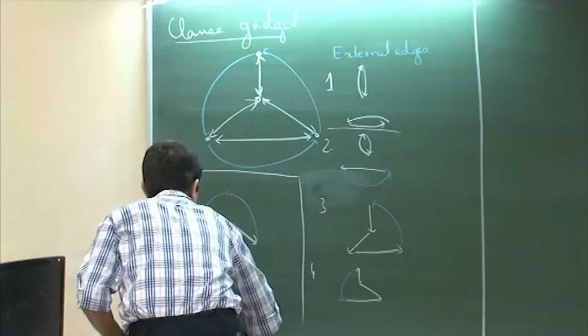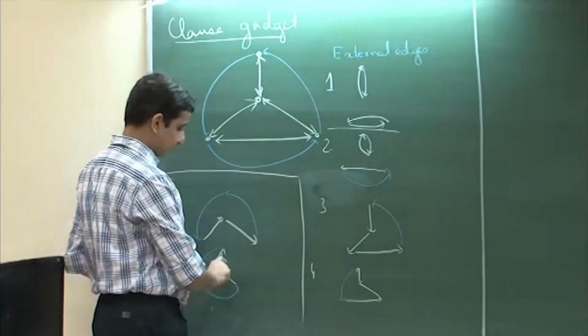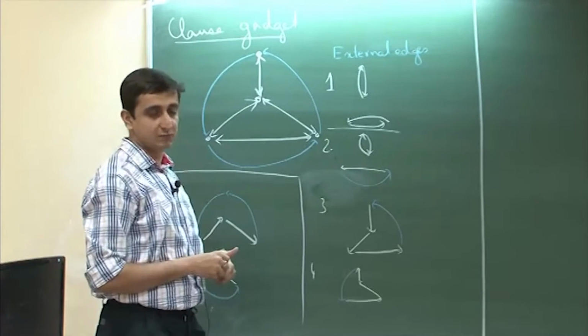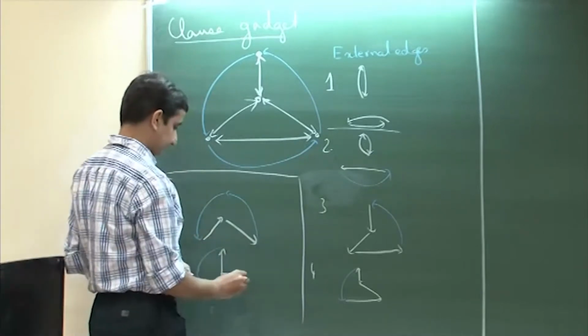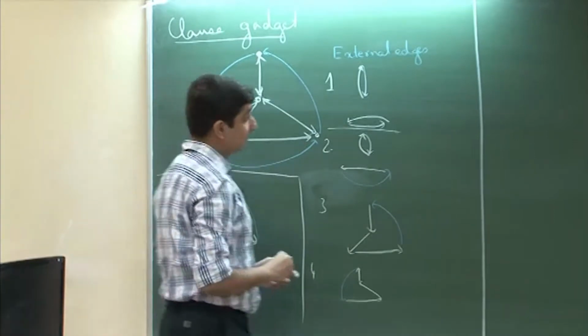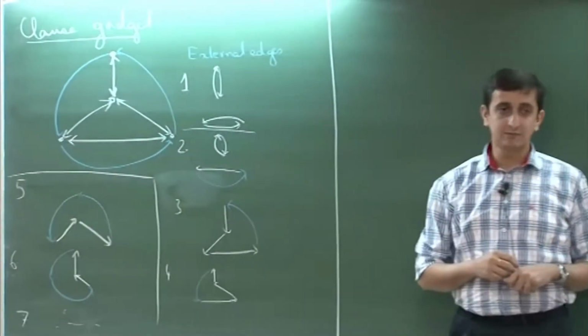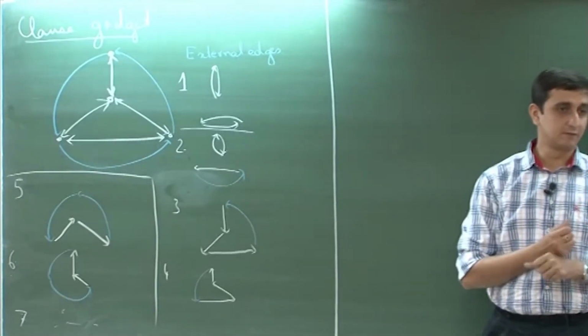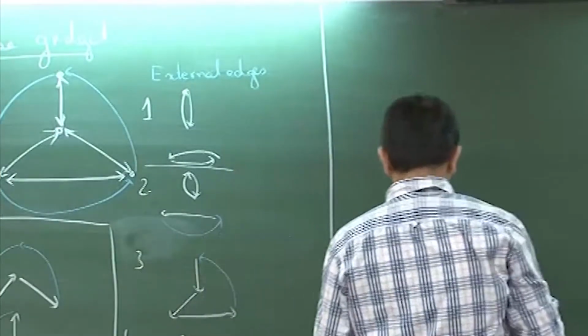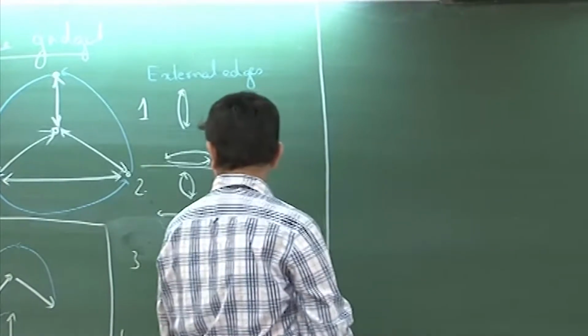So, now we go this way, and the seventh one is just symmetric to the sixth one. And these are the only 7 cycle covers in this graph corresponding to these set of things. Okay, so let us come back to interactive proofs.